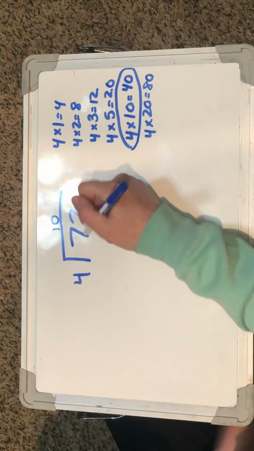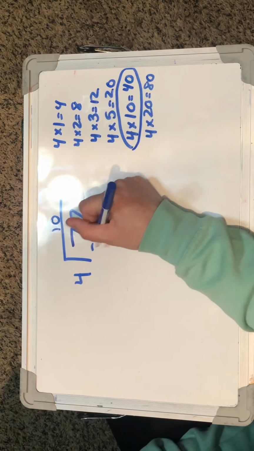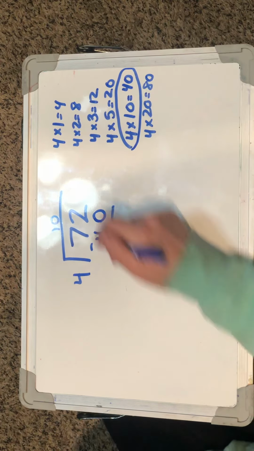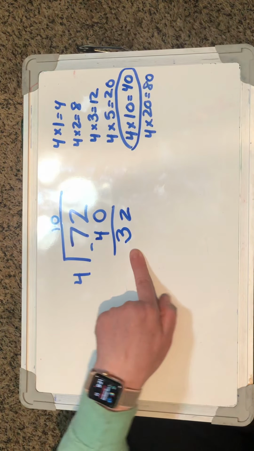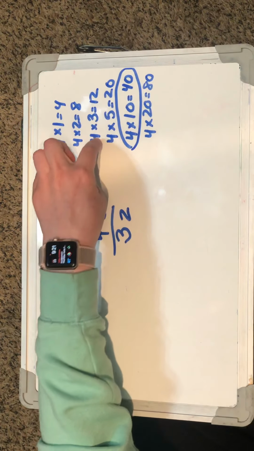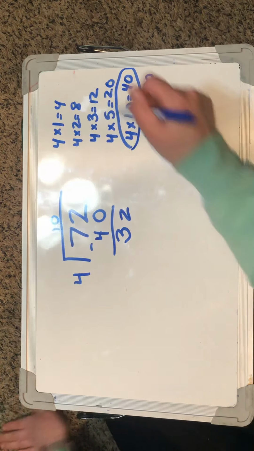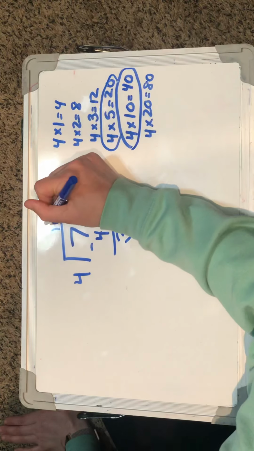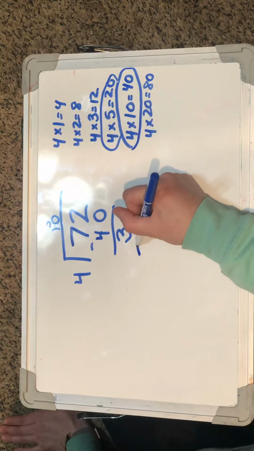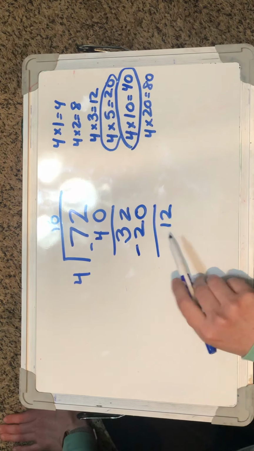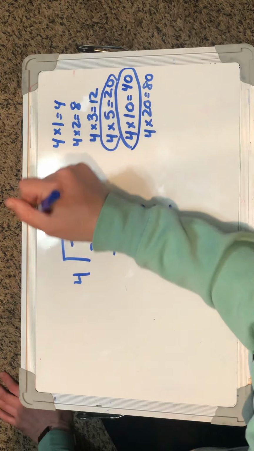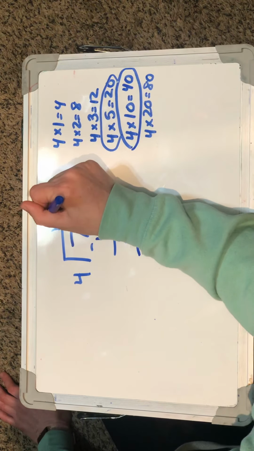Okay, 4 times 10 is 40. Here's what I found. Okay, now I got to try to get to 32. I'm going to say 4 times 5 is 20. And then 4 times what is 12? That would be 4 times 3.